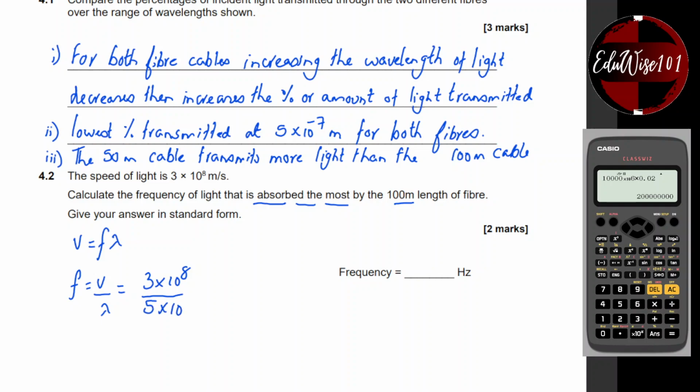So 3 times 10 to the power 8 divided by 5 times 10 to the power minus 7 equals 6 times 10 to the power 14 hertz.